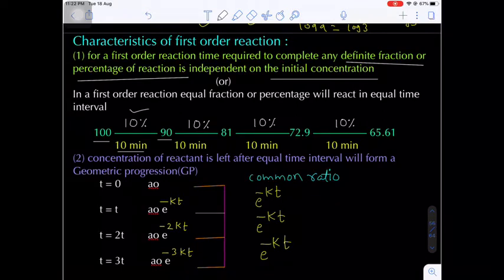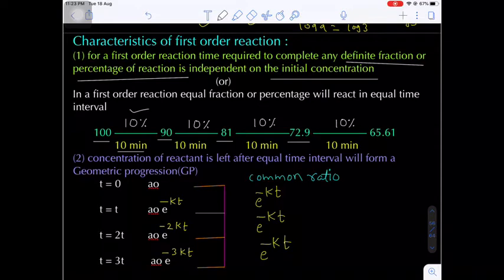From the 90 molar, again 10% of the reaction gets completed. 10% of 90 will be 9, so 9 will be completely reacted and the left will be 81. From 81, the 10% is 8.1, so the remaining concentration of reactant will be 72.9.